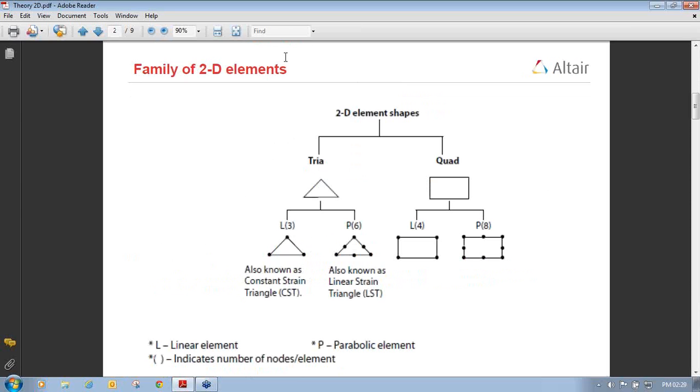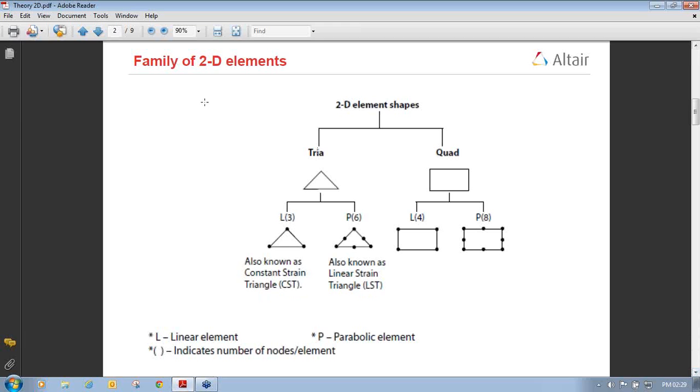Now we will see the family of 2D elements, that is what are the different types of 2D elements available in HyperWorks. So basically 2D elements are divided in two categories, that is first is tria, second is quad. In tria there are two types of 2D elements available, first is linear tria, that is a first order tria, and a parabolic tria, P stands for parabolic, that is a second order tria element.